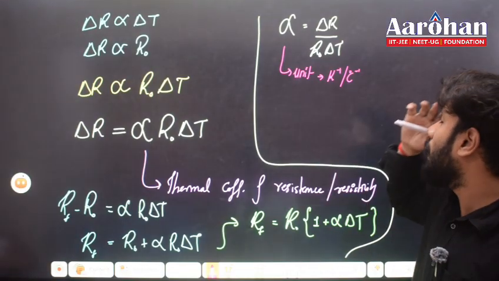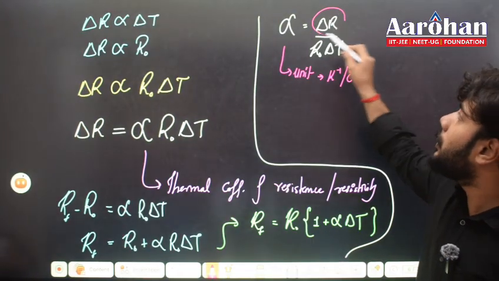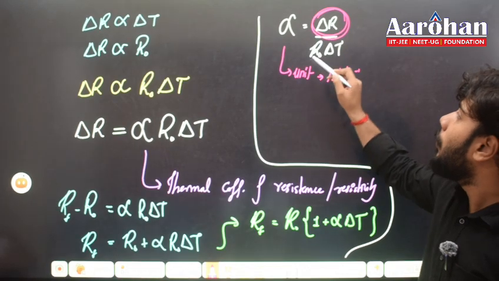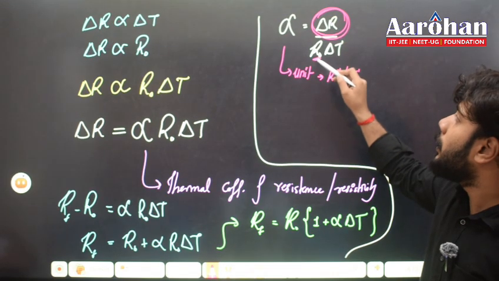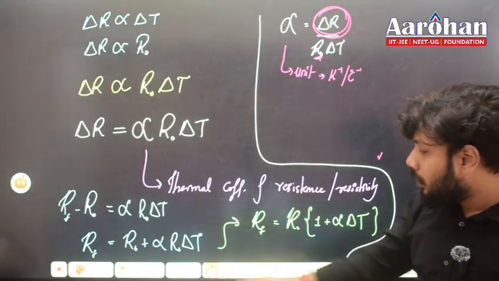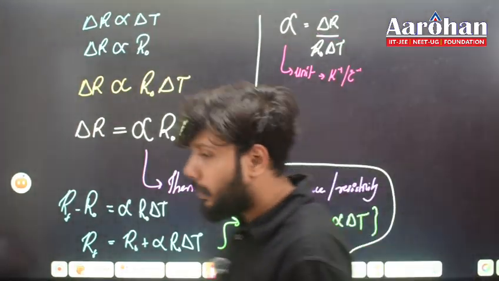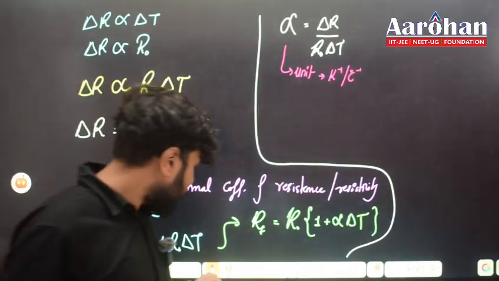So alpha is just how much the change in resistance will be when the temperature of a 1 unit resistance increases by 1 degree Celsius or 1 Kelvin. That's how you can define alpha.